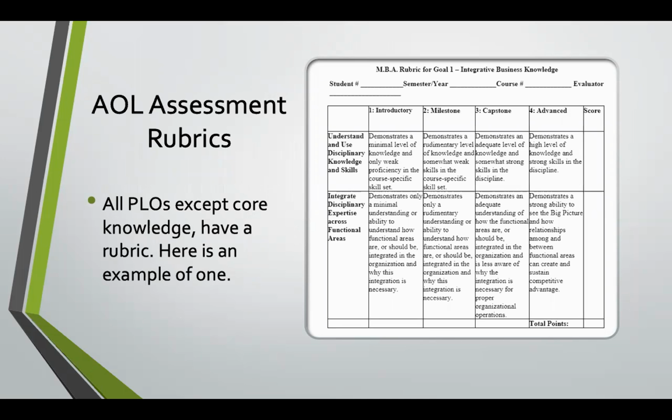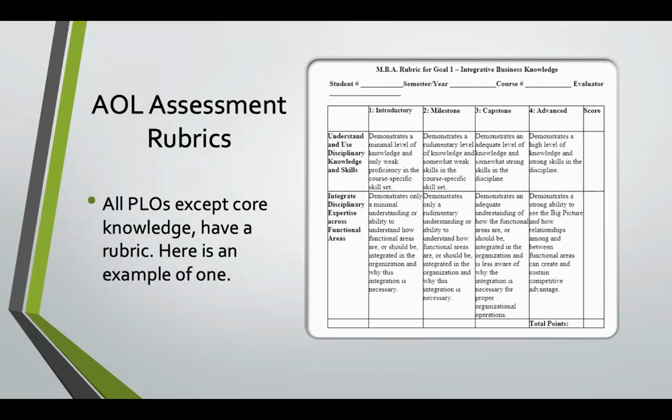Each assessment, except core knowledge, has a rubric and will all be slightly different. The traits are in the rows and the columns represent how the student did on the trait. While the titles to the columns might vary from program to program, they are basically scored at 1 to 4 points, 4 being the highest.